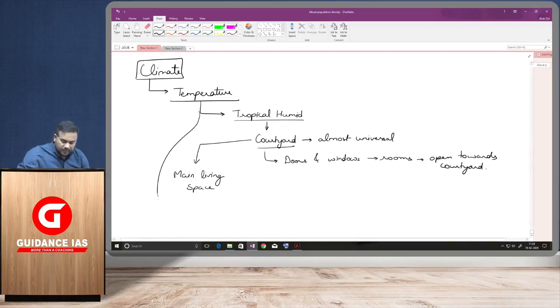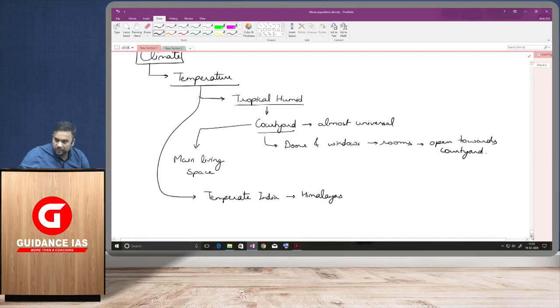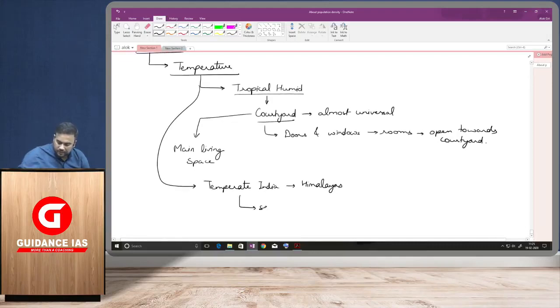If you include temperature, there is one place, however, where the courtyard is missing, and this is the temperate India, which is essentially Himalayas. So here, because of severe winters, what we find, that there is absence of courtyard.